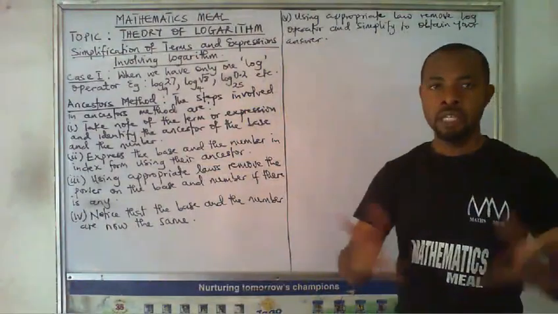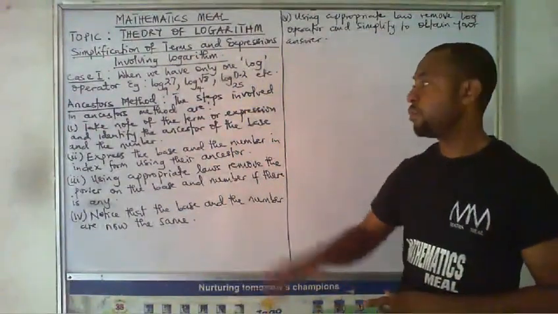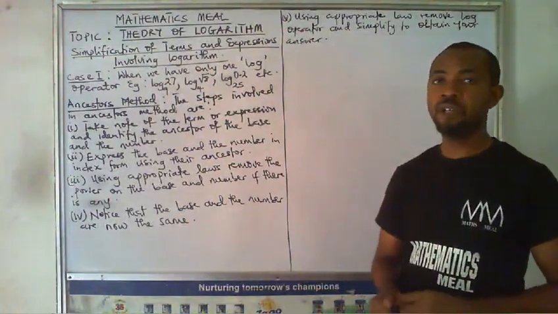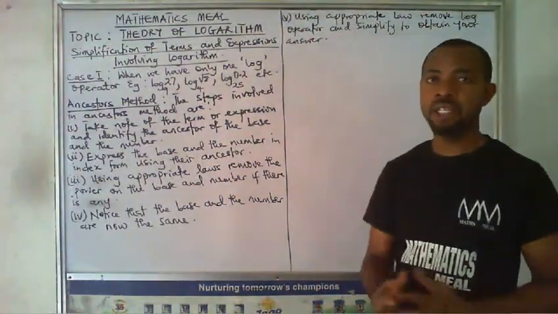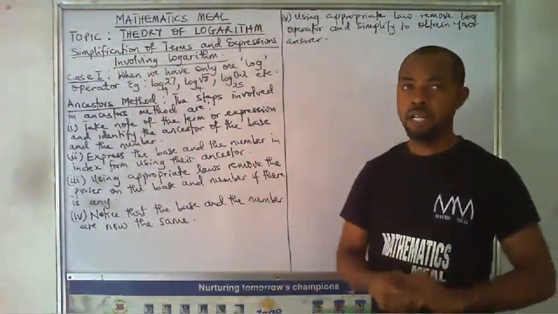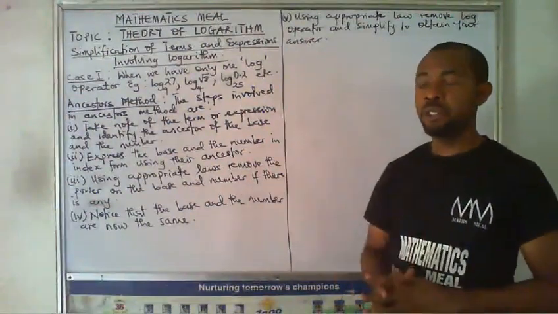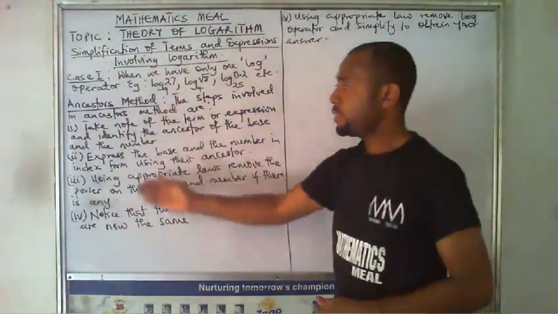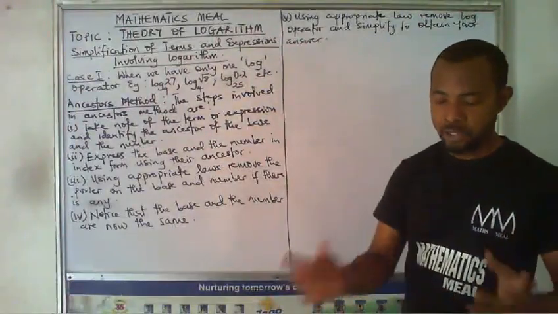In the indices method, we looked at the various steps that are involved. And also in the ancestors method, we are going to look at these steps. Now, we have 5 steps that we need to take in order to simplify log expressions or terms that contain one log operator. We're going to follow those steps in solving problems.